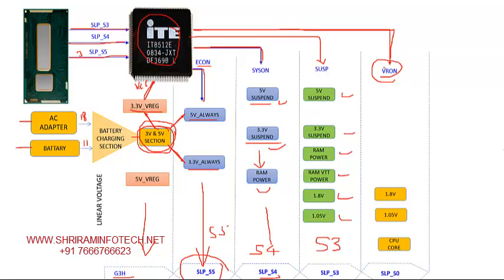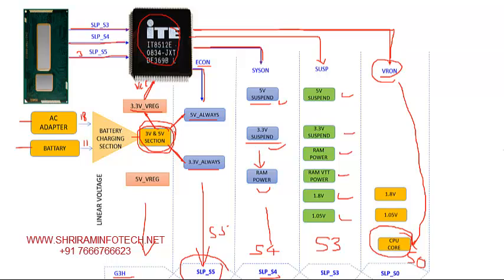And when this VR on signal is generated, the VR on circuit will turn on this core voltage. This core voltage is called the CPU core, and in this state it's called the S0 state.